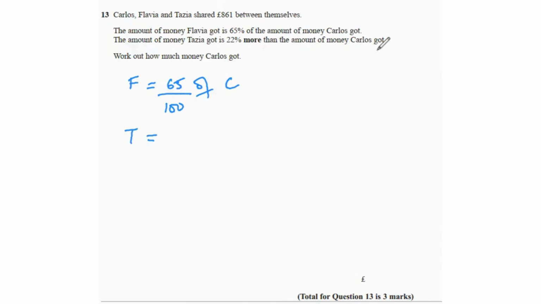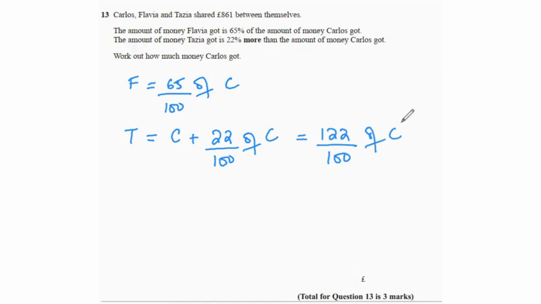So if Carlos got C, then she got C plus 22% of C, which is basically 122 over 100 of C, because we're increasing it by 22%. So Tazia's share is 122% of Carlos' share.